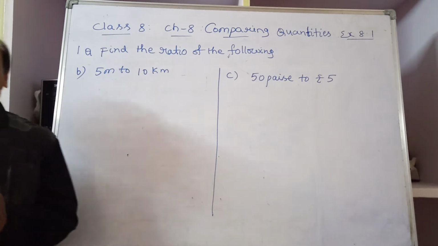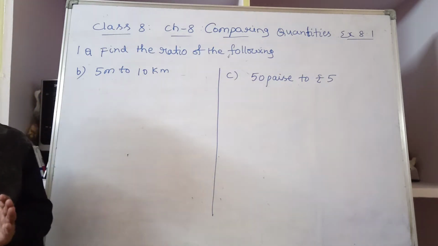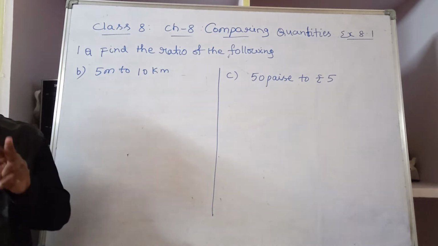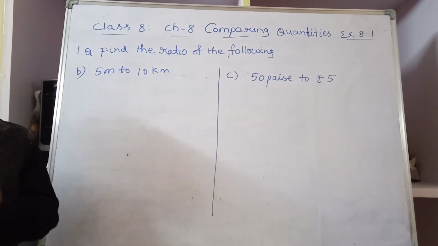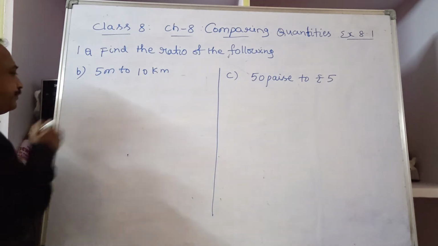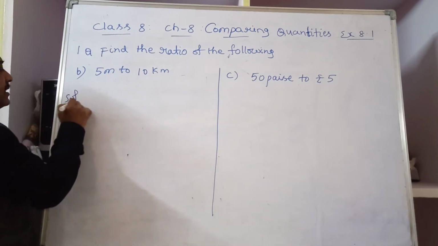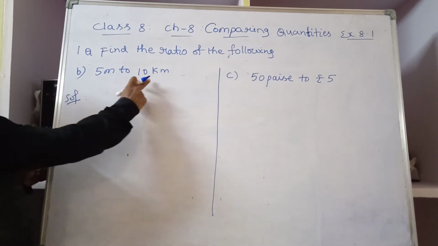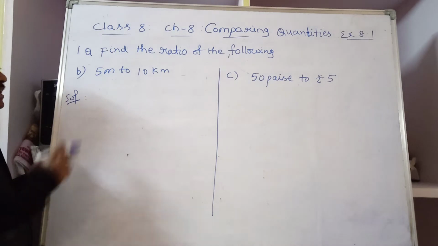So while finding the ratio, what do we have to do? We have to convert both the units into the same. So here, first solution, 10 kilometers into meters.